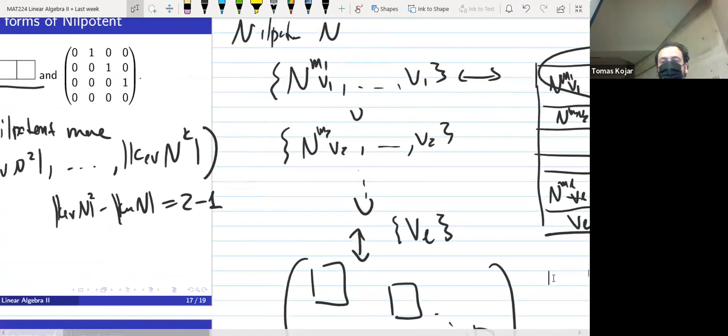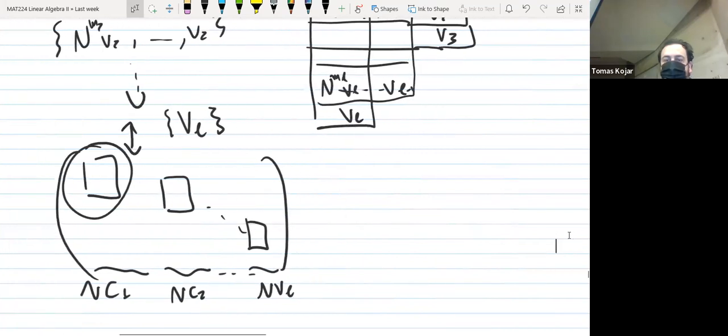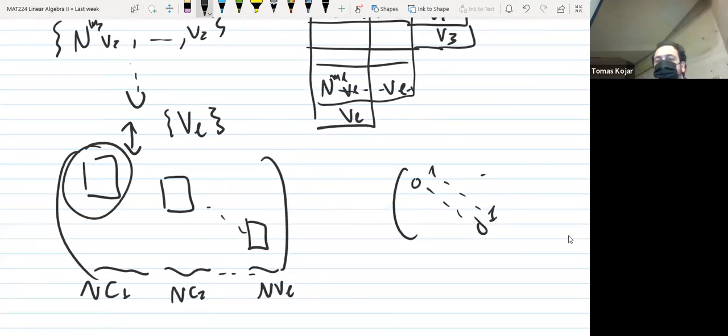So then in the Jordan form, you only have one Jordan block. And Jordan blocks are always of the same form, just 0 and then 1 on top. That's called a Jordan block. Okay?